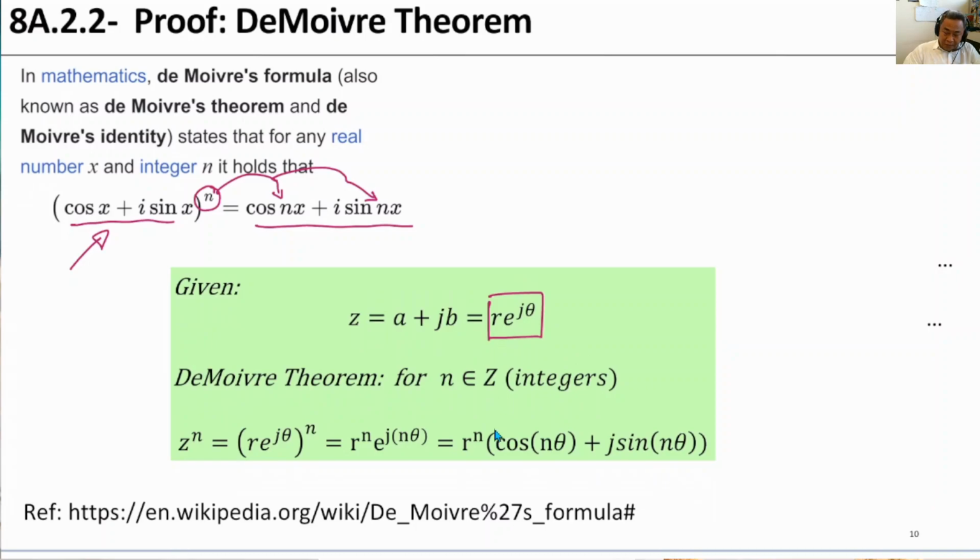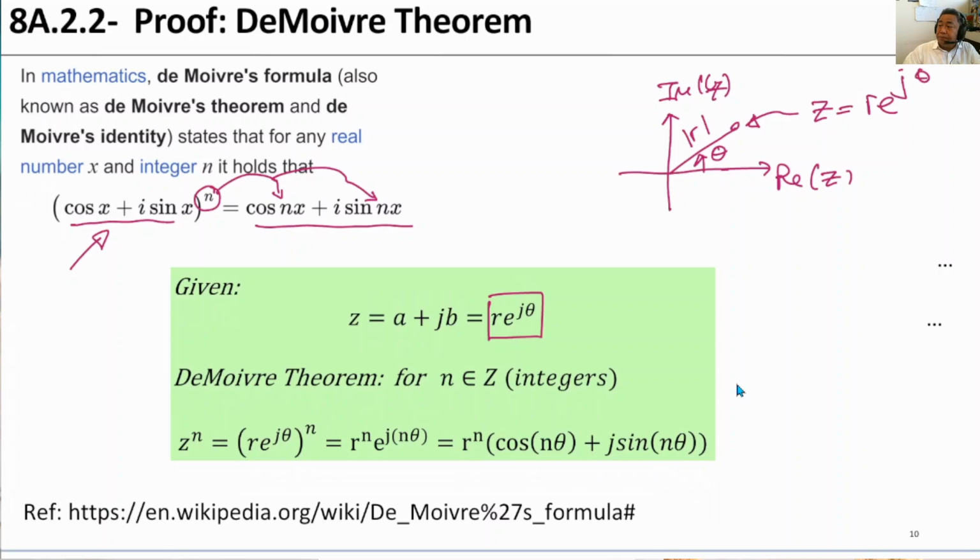Now let us have a complex number represented with the modulus r and the angle theta, and this is the real part of z, and this is the imaginary part of z, and z is equal to r e^(j theta).